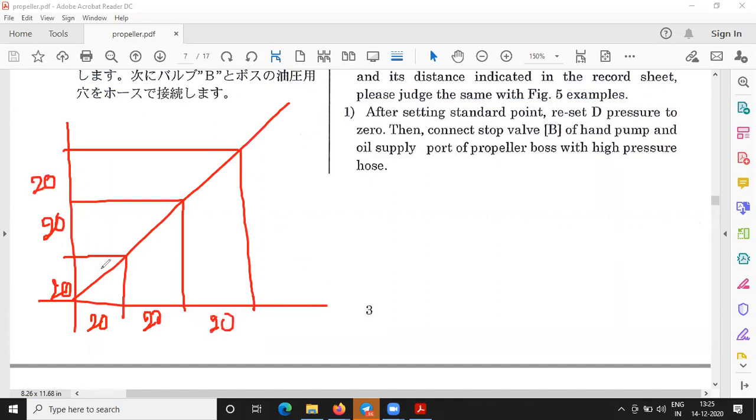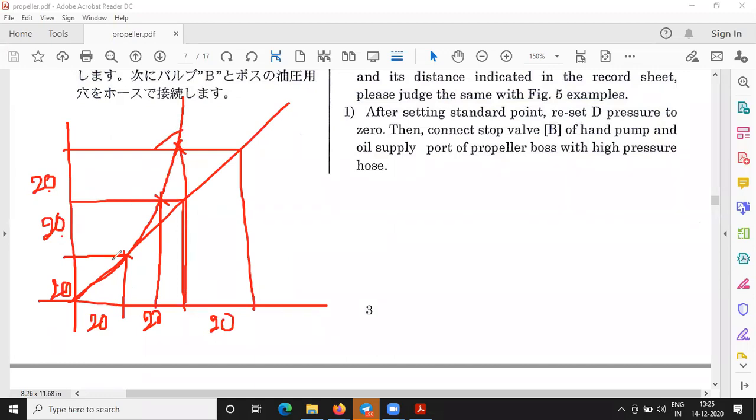But if the graph is going like this, a curve, first it has moved 20, next it is moving less than 20, and after that it is moving even less than 20. The pressure remains the same, 20, 20, 20, whereas the distance it has moved has reduced further.